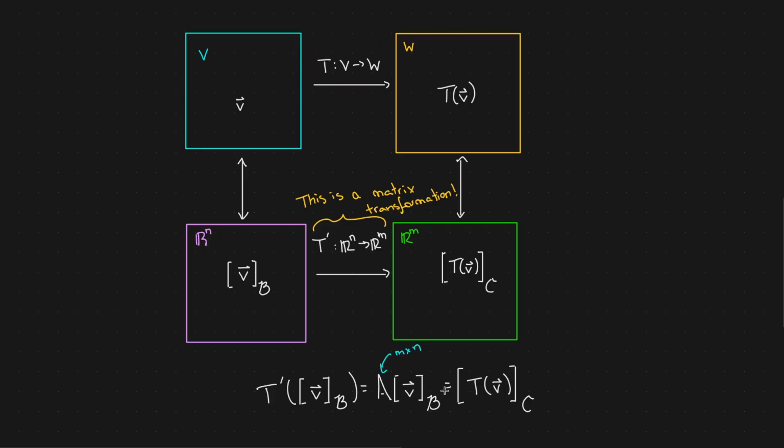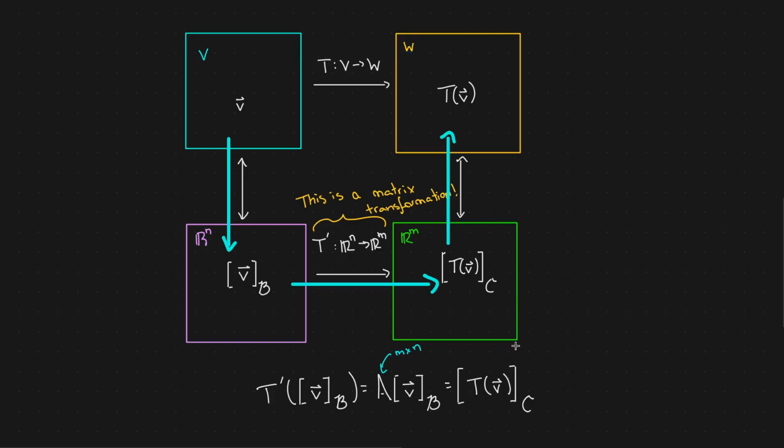It doesn't do it in exactly the right way. We have to use this isomorphism. But notice if I go this way, apply the isomorphism, find the coordinate vector of v with respect to the basis, and then go this way, apply the matrix transformation, and then go this way, do the reverse of the isomorphism, find the reverse of the coordinate vector with respect to C, we end up at the same point as if we just went this way.